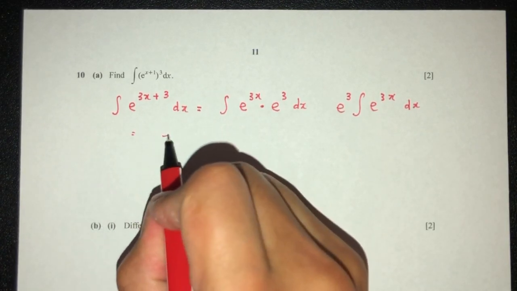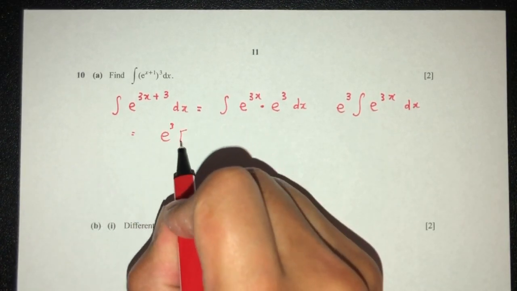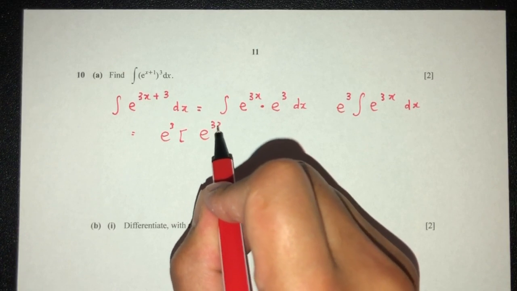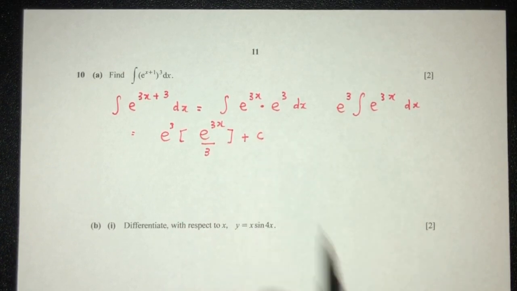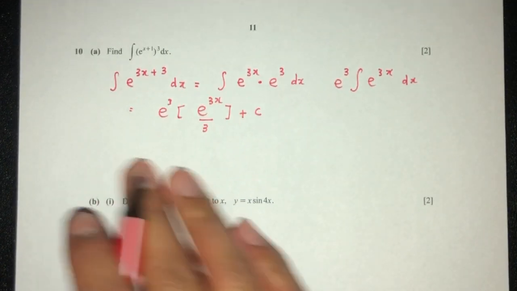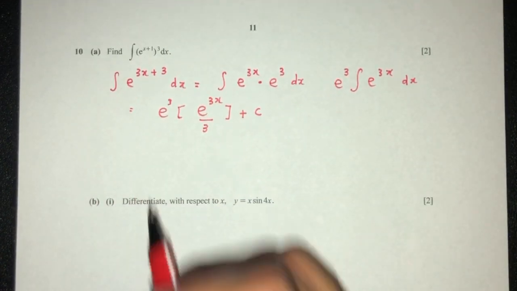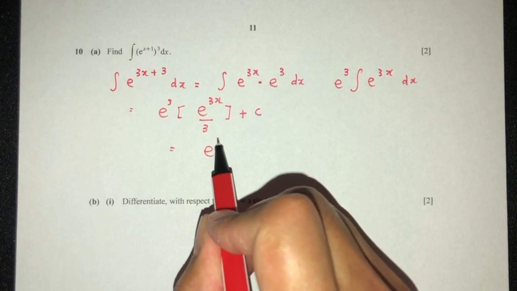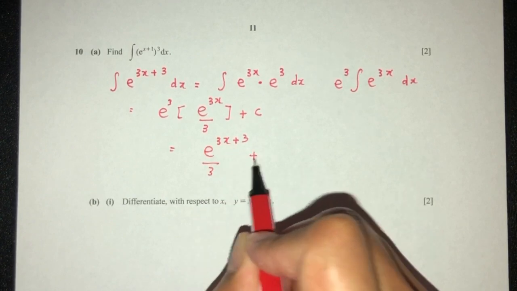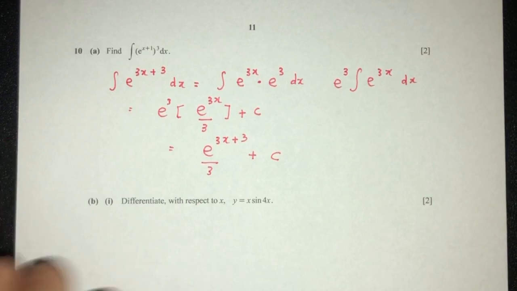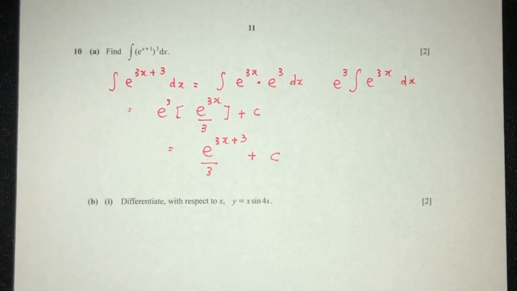That will become e to the power 3x divided by 3. Of course, plus c for your constant of integration. Now if you want, you can bring this in. It is up to you. That will be the same thing as saying this plus 3 over 3 and plus c for the constant of integration. Okay, that will be your question part A.